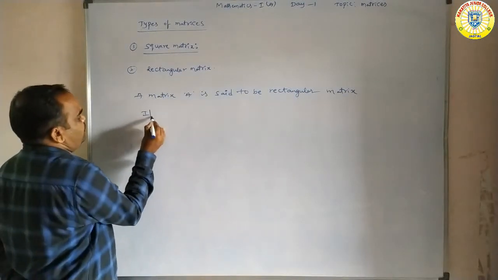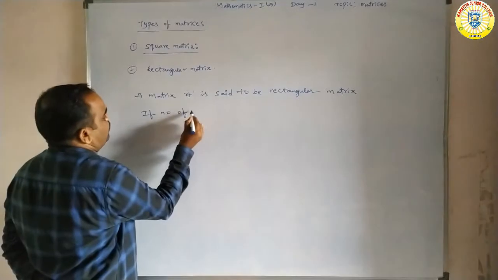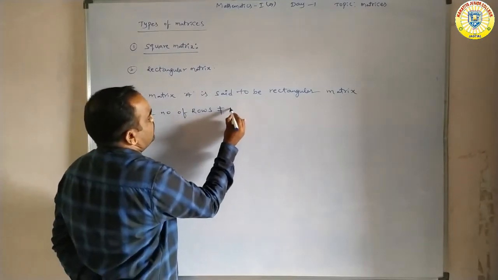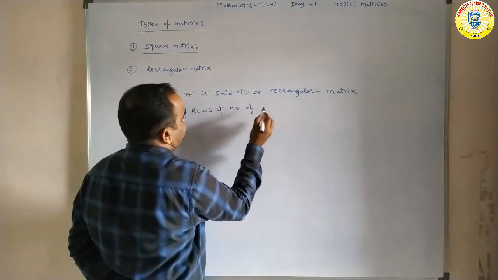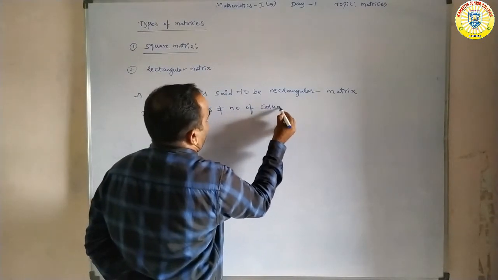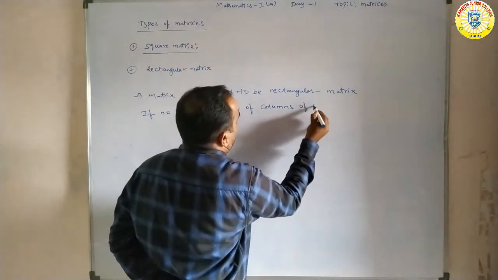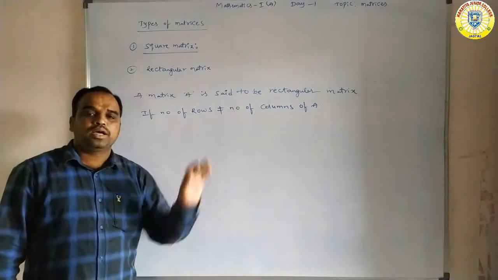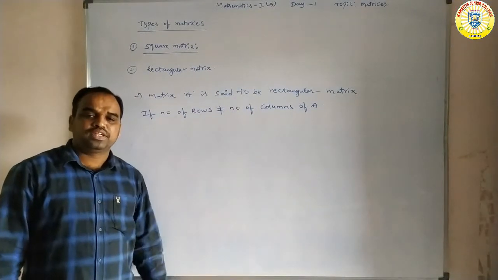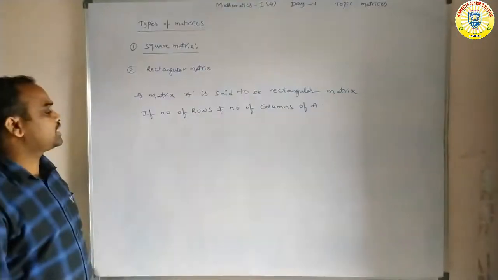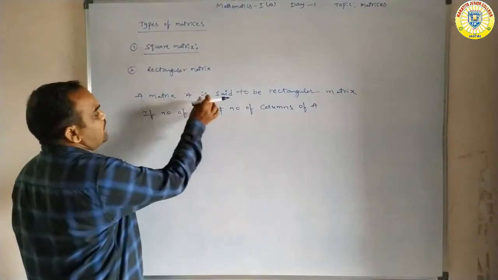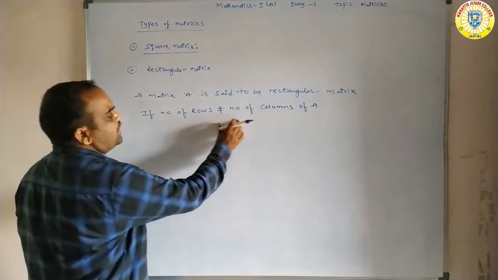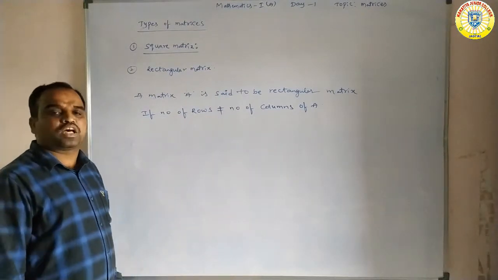If the number of rows of capital A is not equal to the number of columns of capital A, then this matrix is called a rectangular matrix.